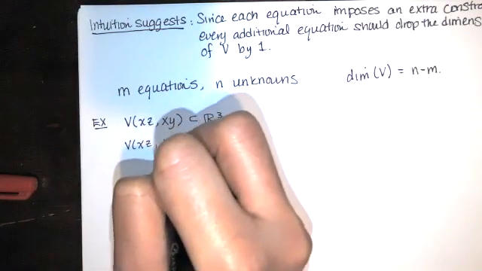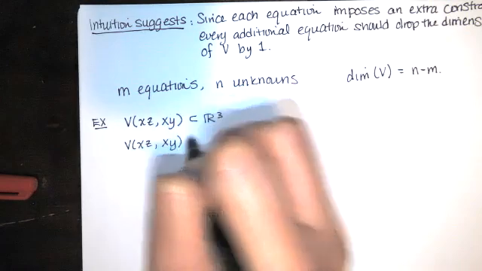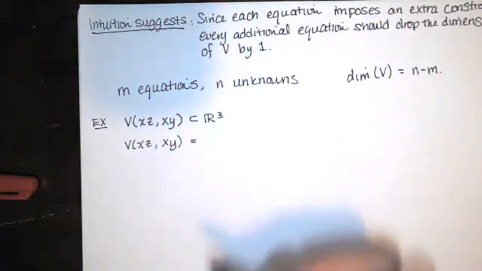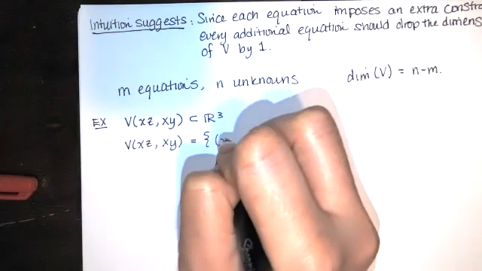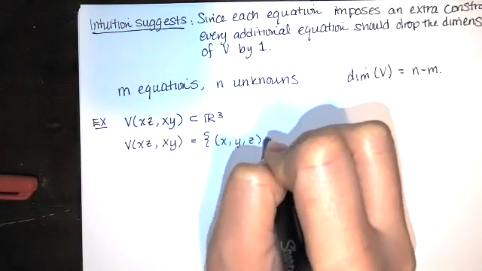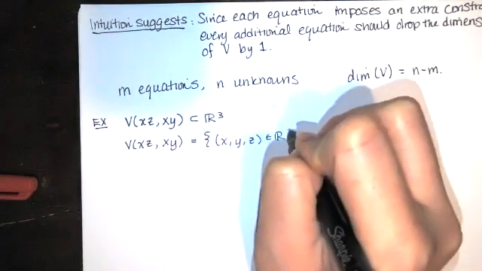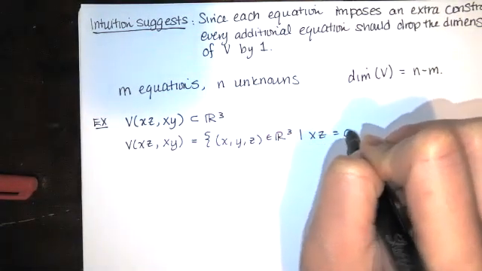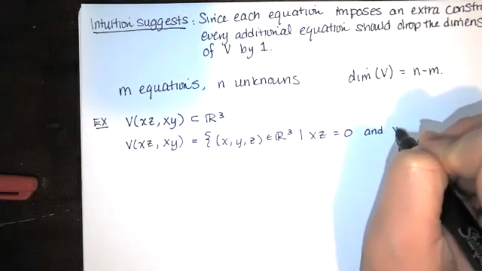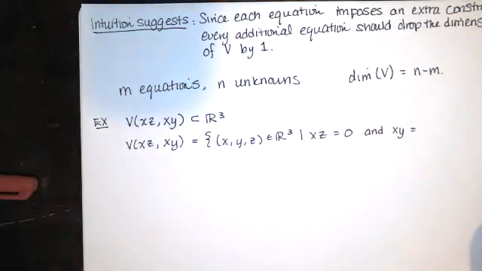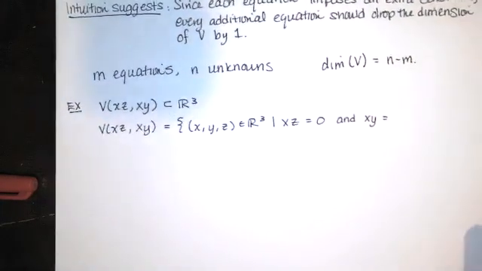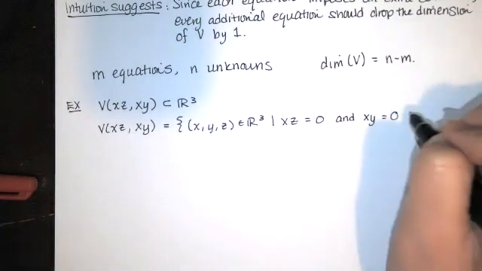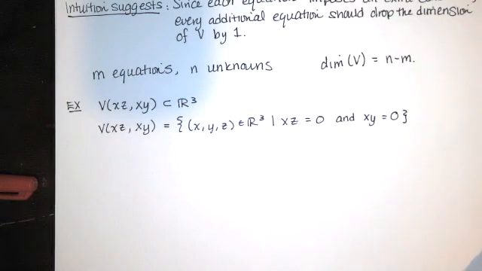And remember what this means: it's the set of all points x, y, and z in 3-dimensional space such that x times z equals 0 and x times y equals 0. I actually wrote the problem down wrong, so this is not identical to the problem in the book, but the principle is the same. I just changed a couple of the variables.